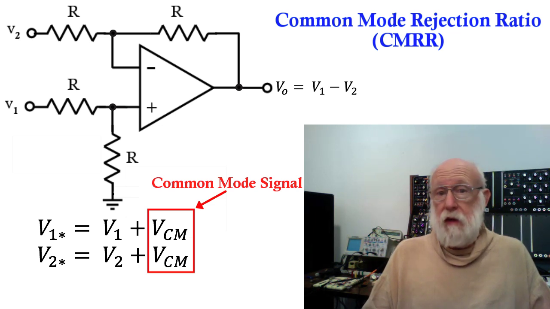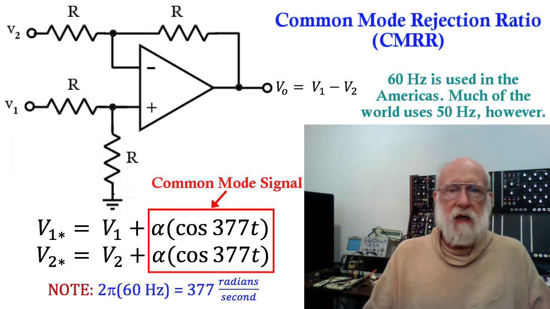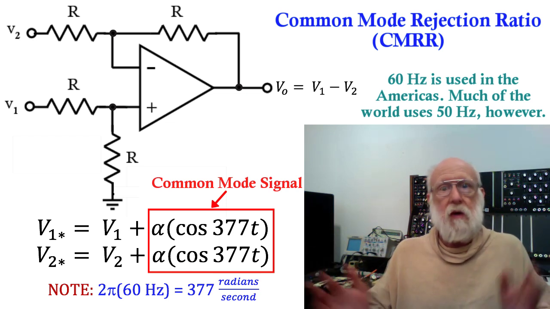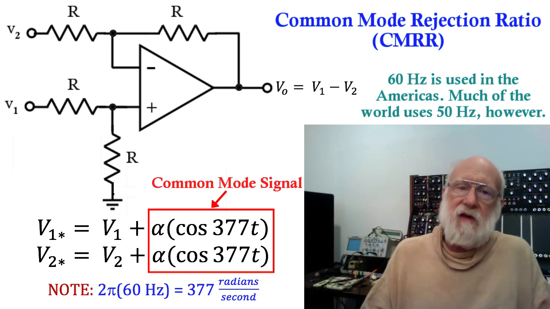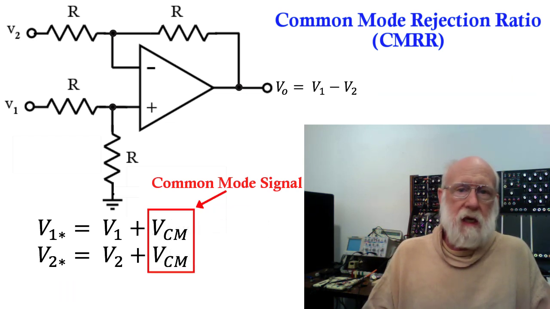For example, it's not uncommon for both of them to have a small 60 hertz signal that has just been picked up electromagnetically from the environment, because there's 60 hertz all over the place. So that's fairly common, but there are many other types of common mode signals.